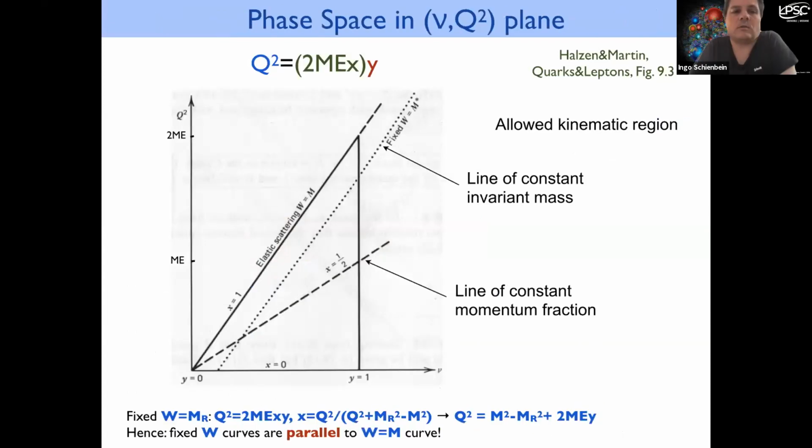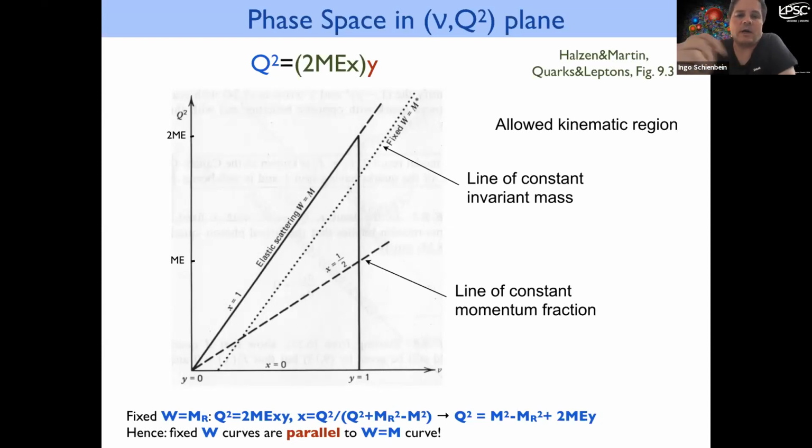So then one can also have a look at the phase space in the x, Q squared plane. So here's another figure from Halzen and Martin. On the y-axis is Q squared, on the x-axis is the inelasticity parameter y, and you see that Q squared is proportional to y, so it's a linear dependence, and the slope of the linear curve is 2 times M times E, so the center of mass energy squared, times x.